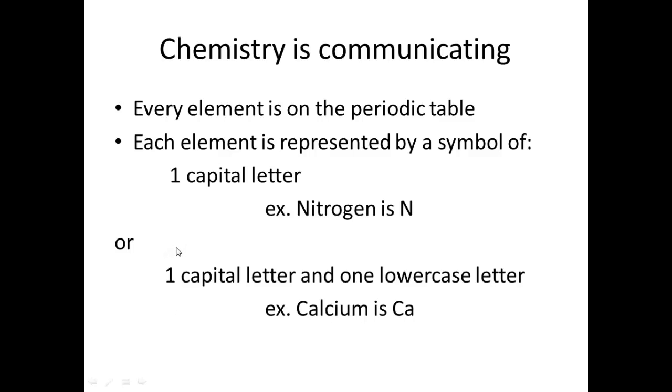And since there are so many elements and there are only 26 letters, it's inevitable that we have to repeat some. So sometimes we have one capital letter and one lowercase letter. For example, calcium: we use uppercase C, lowercase a.